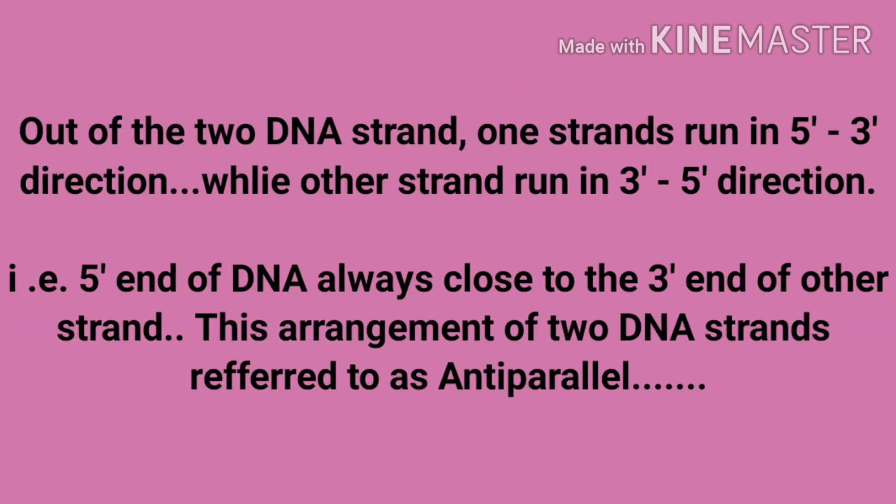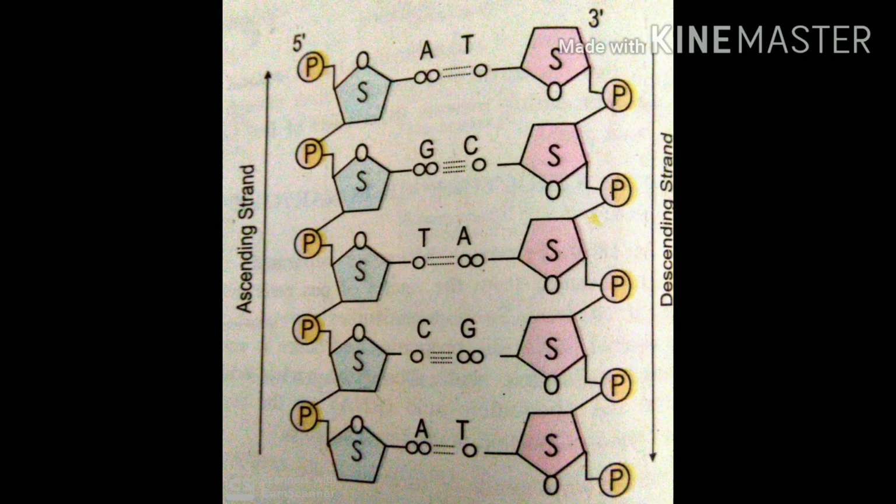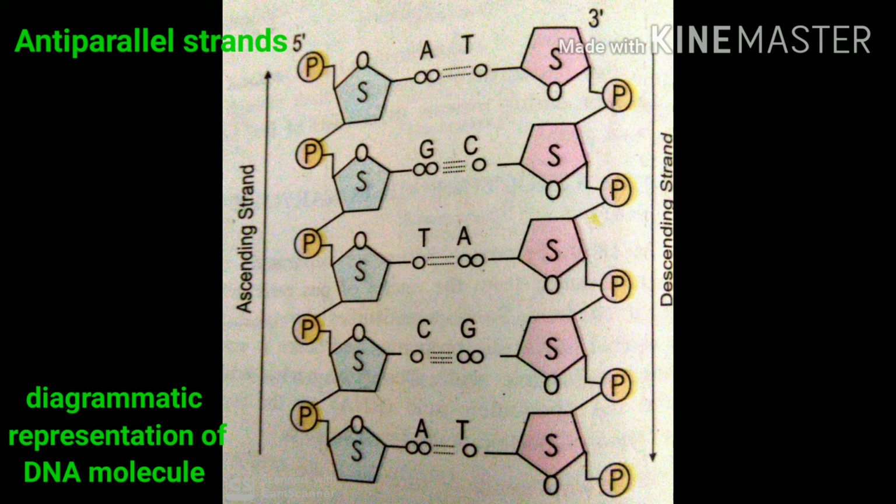So out of the two DNA strands, one strand runs in 5' to 3' direction, while the other strand runs in 3' to 5' direction. That is, the 5' end is always close to the 3' end of the other strand. Okay? You can observe this in the figure.